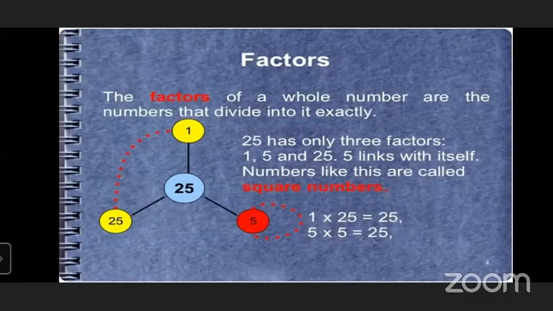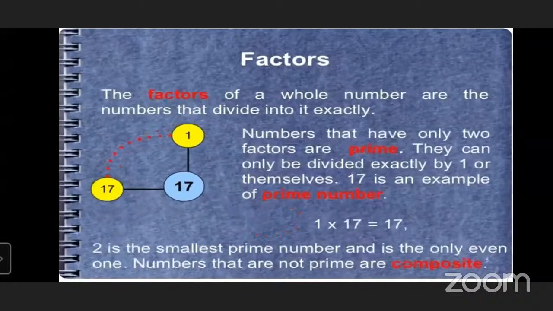The number which multiplies by itself is known as a square number. The factors of a whole number are the numbers that divide into it exactly. When we multiply two numbers and get our desired number, those are known as factors.